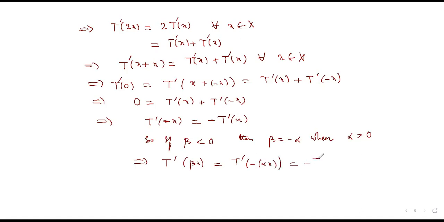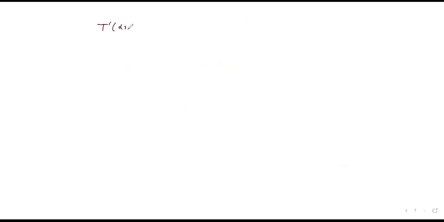But that would be minus T dash of alpha x because of, let's call it second, which would be minus alpha T dash of x, because alpha is positive and positives we can take out, and minus alpha because it is beta. So hence we have shown T prime of alpha x is equal to alpha times T prime of x for all alpha belonging to R. So scalars can come out.